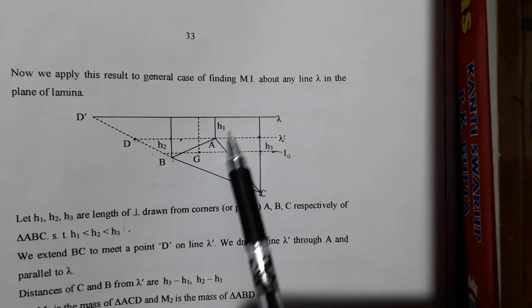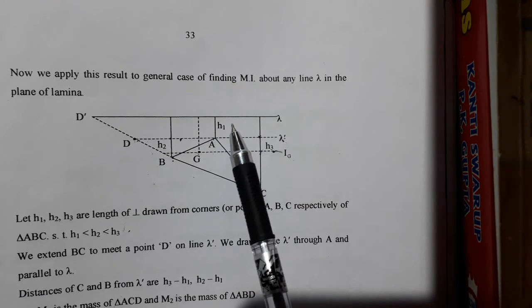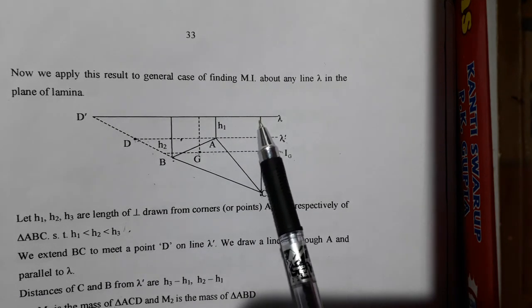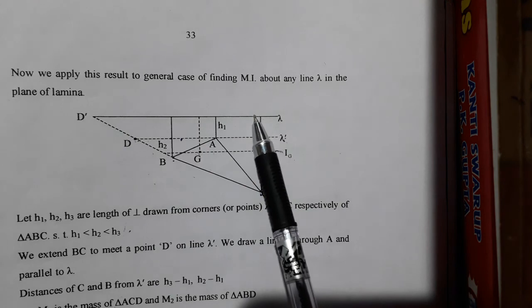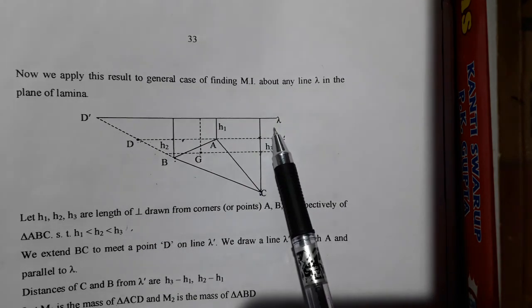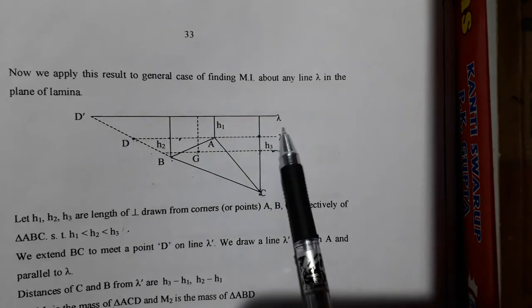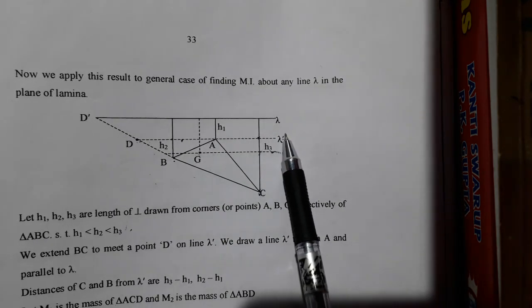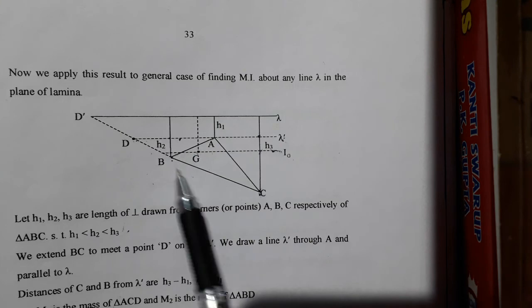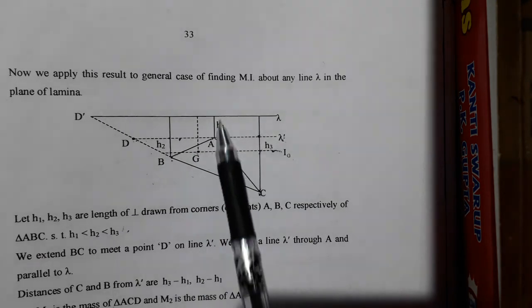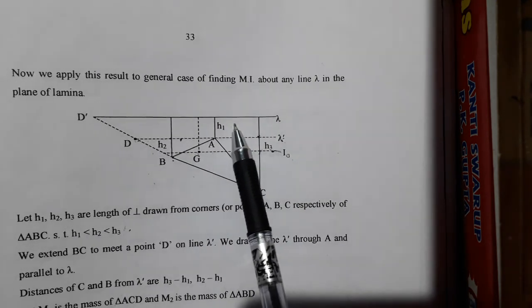What is the distance between them? This is h1. So the moment of inertia of triangle ABC about lambda is I lambda equal to the moment of inertia about this line, that is I lambda dash, plus mass times distance square, so m into h1 square.